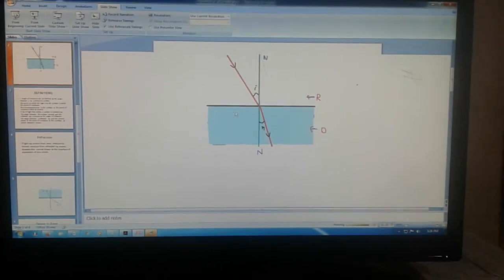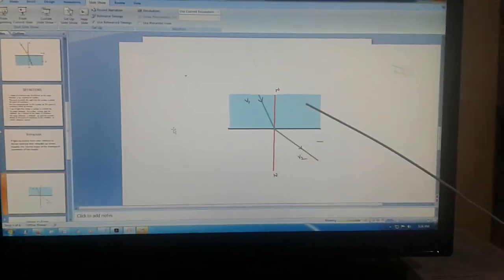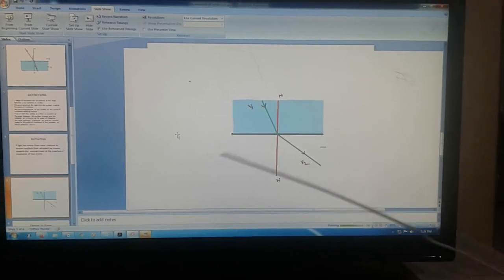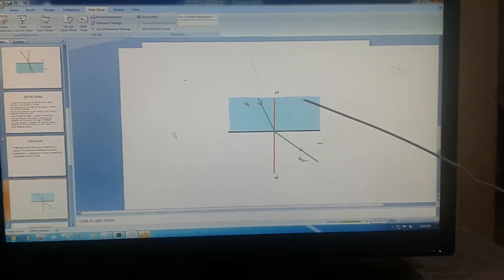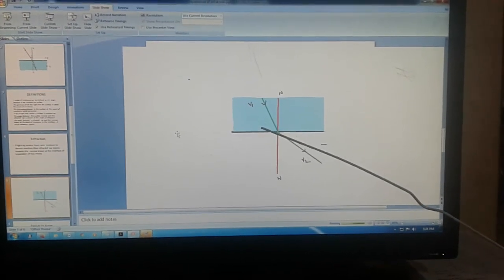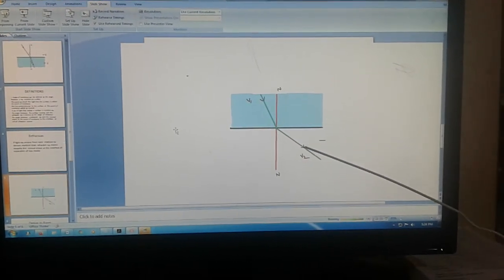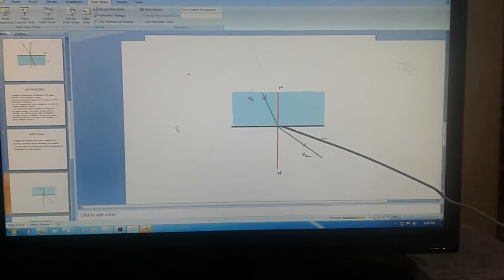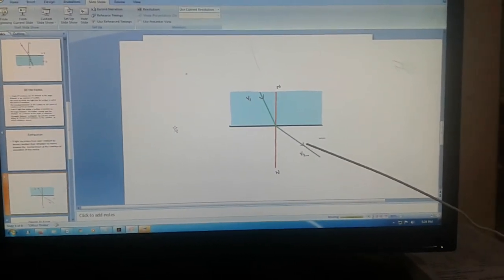And in the opposite manner, this is a denser medium to rarer medium. Previously we have seen rarer to denser. Here we are seeing denser to rarer medium. Here if you observe, when the light is traveling from a denser medium to a rarer medium, the refracted ray goes away from the normal.